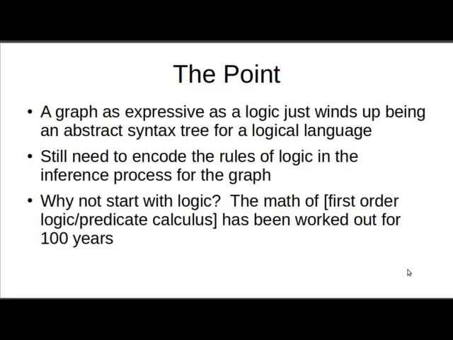It's kind of hard to push those things into a graph structure. If we do push them into the graph structure, they're going to wind up being an abstract syntax tree. And then in addition to the representation as an abstract syntax tree, we also need to actually encode the rules of logic in whatever inference procedure we're going to use to run over the graph and create new conclusions or test whether the graph is well formed.